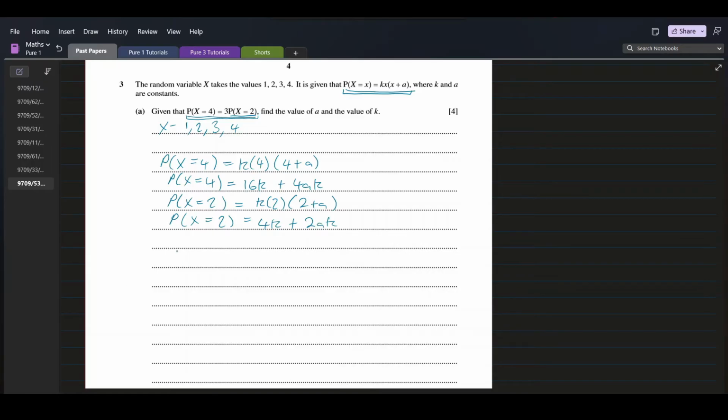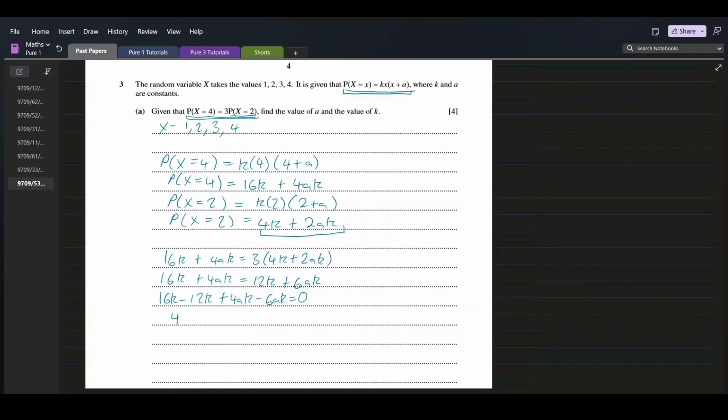Now let's evaluate this equation. That is the probability that X is equal to 4, which is 16k plus 4ak. And this is equal to 3 times the probability that X is equal to 2. So that's 4k plus 2ak. So that's 16k plus 4ak is equal to 12k plus 6ak. Let's put everything on one side and simplify. So 16k minus 12k plus 4ak minus 6ak, that's equal to 0.